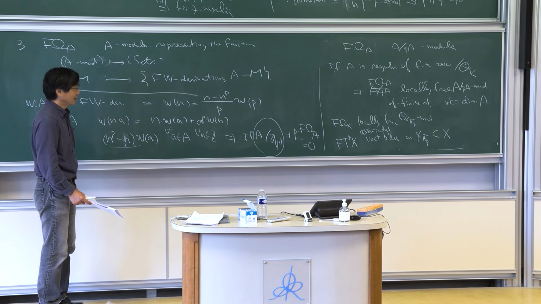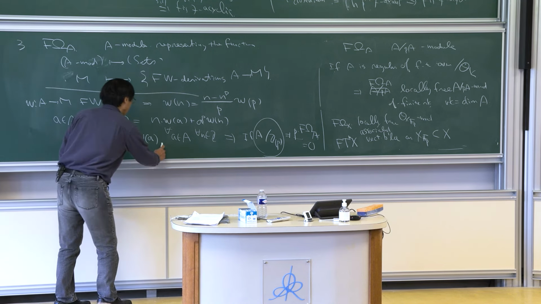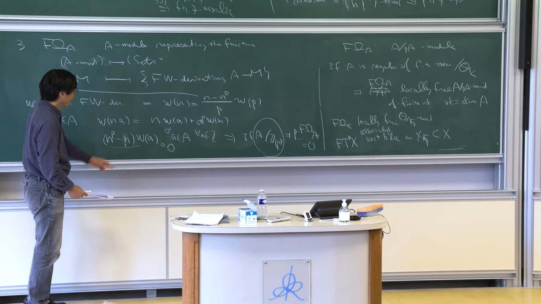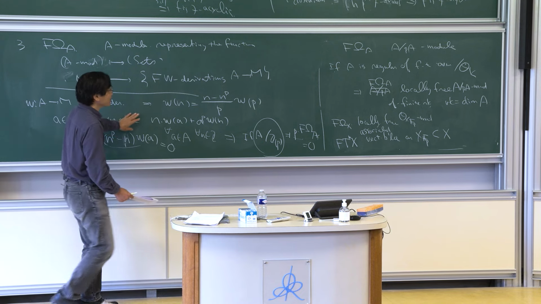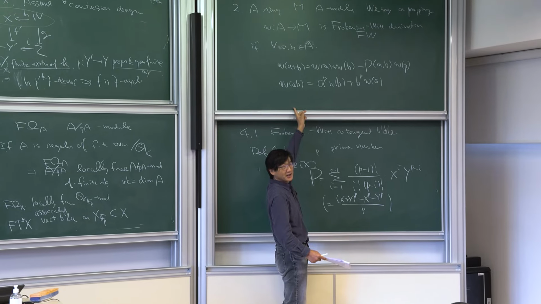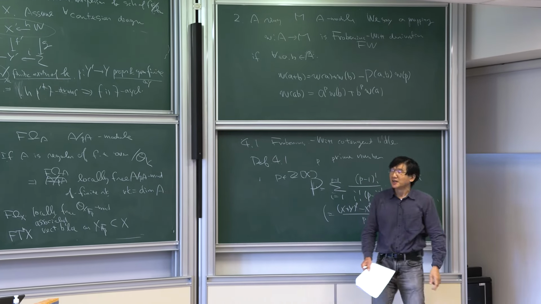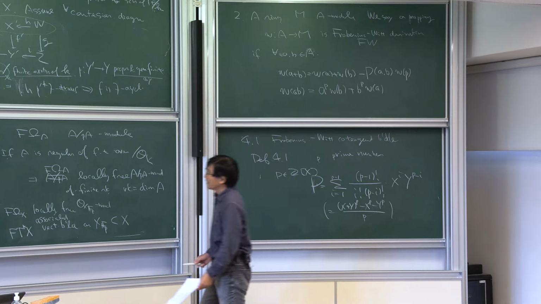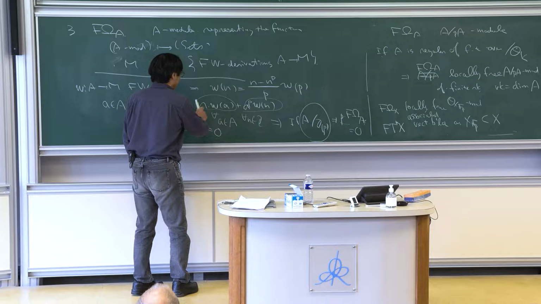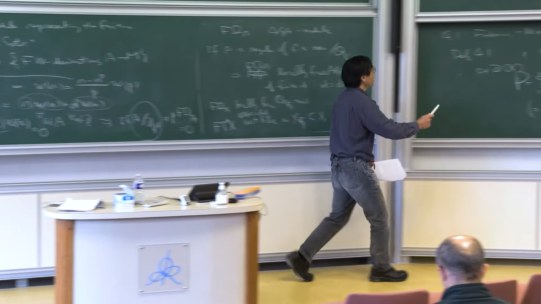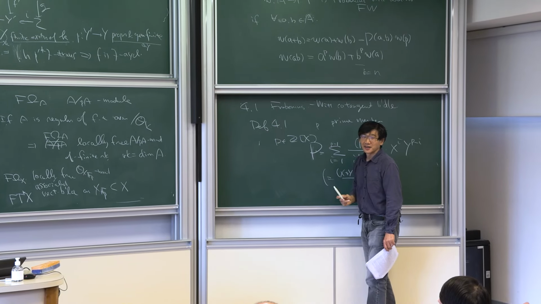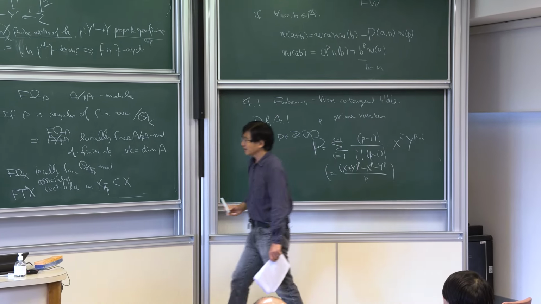You just compare this and that, and put b equal to n. Then this part is the same, and then you get this.